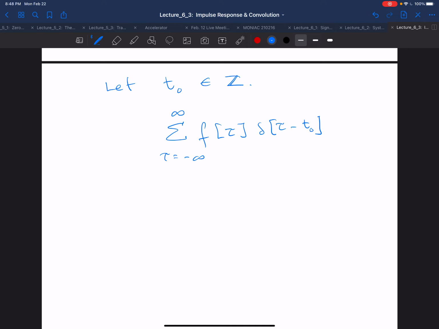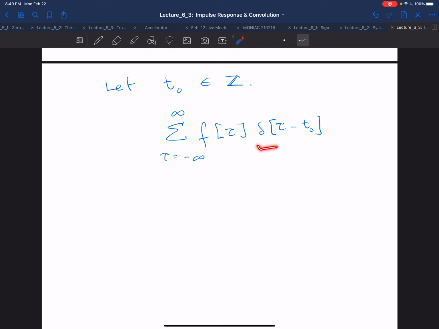Well, as we sum over all these values, we consider all possible values of tau, of course, all but one are going to give a value of 0, because this impulse is equal to 1 when its argument is 0, but otherwise the function is equal to 0. So we'll only get a non-zero value when tau is equal to t naught.